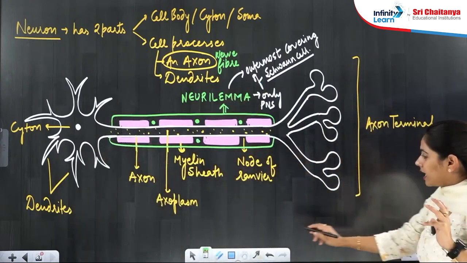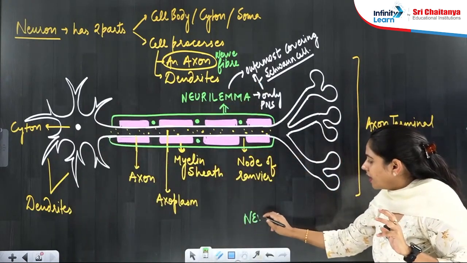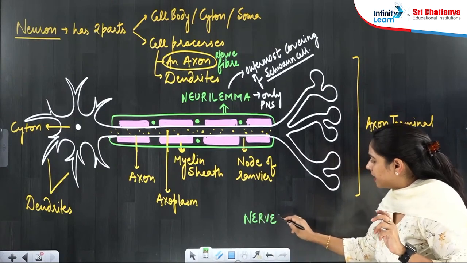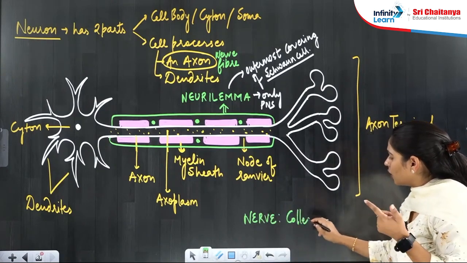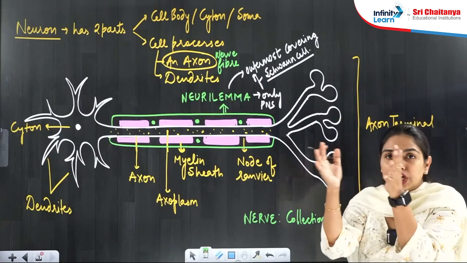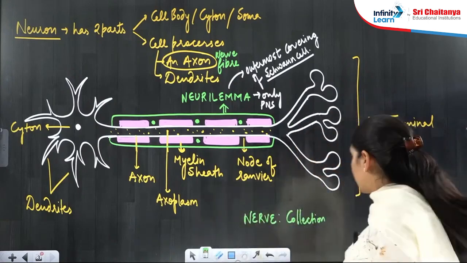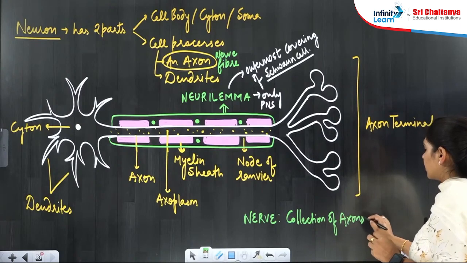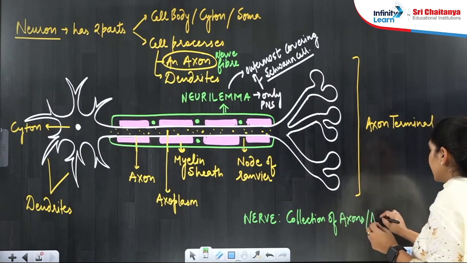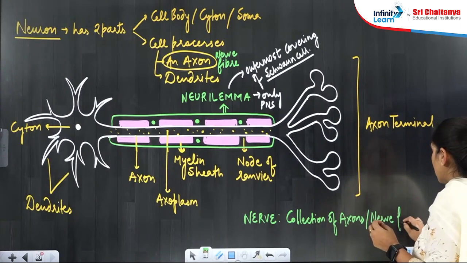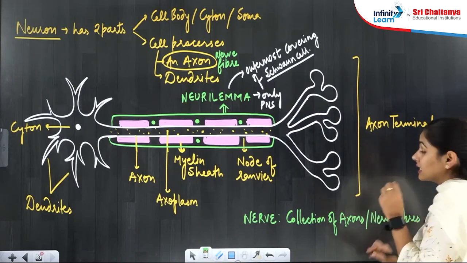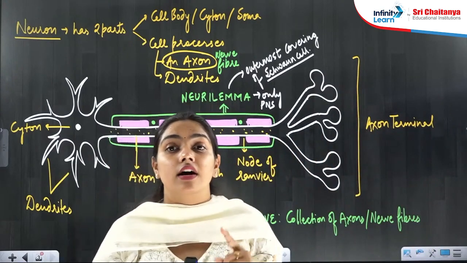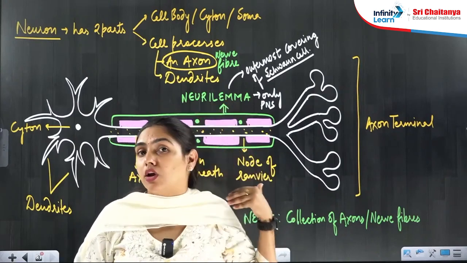So what is a nerve? Nerve is a collection or group of axons, or a group of nerve fibers. Very important: you will not find nerves in the CNS, the brain and spinal cord.